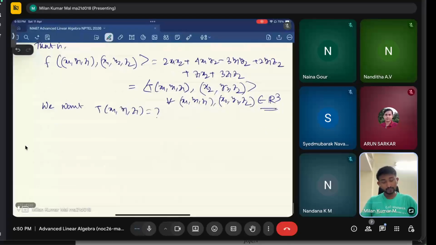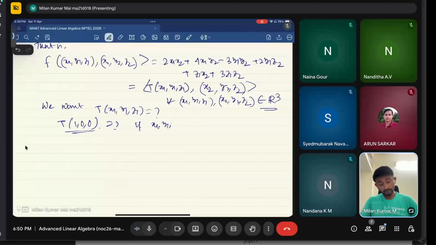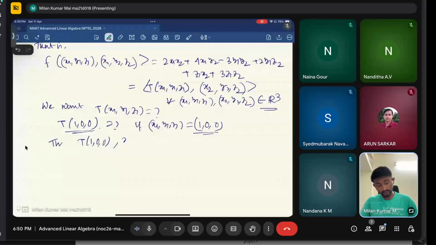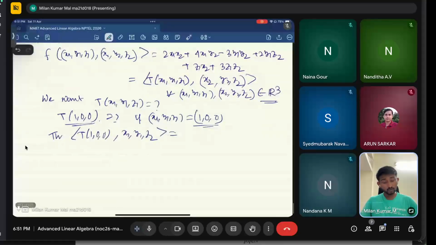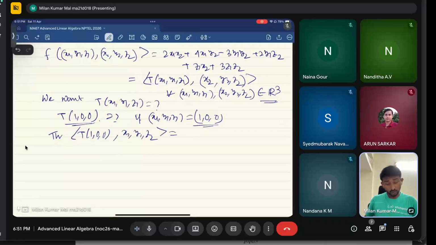So if (x1, y1, z1) is equal to (1, 0, 0), then T of (1, 0, 0) with inner product (x2, y2, z2) has to be equal to, replacing x1 equal to 1 and y1 and z1 equal to 0.